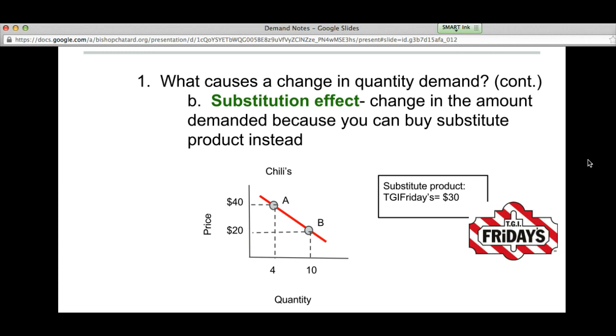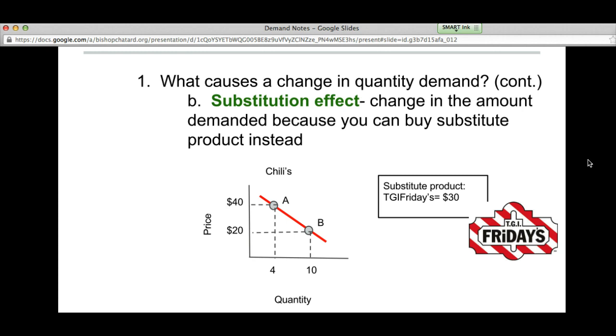So what we're saying is that we don't like point A because it's more expensive than Fridays. I see Chili's at $40 and I say, hey, I can go to Fridays and I only spend $30, right? But at $20, why do we like $20 at Chili's better? It's cheaper than TGI Fridays.